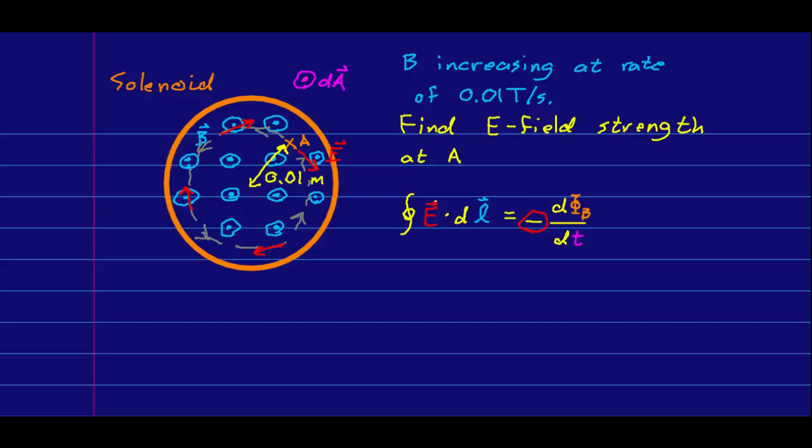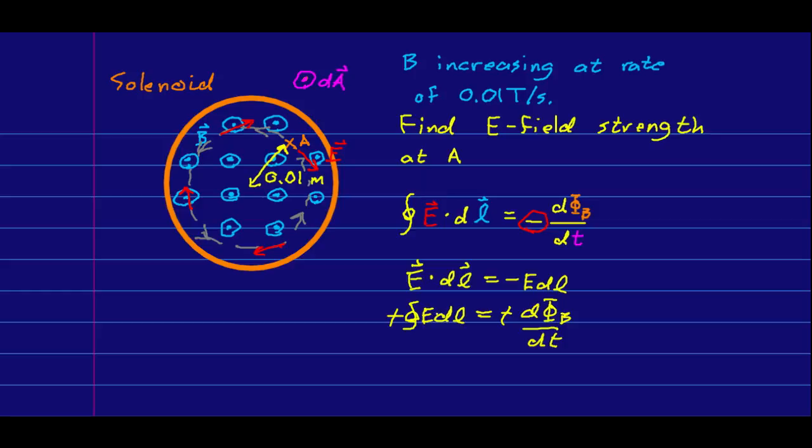With that, my E field is parallel to my dl vectors everywhere. It's actually anti-parallel, in exactly the opposite direction, and so E dot dl is negative E dl. And so Faraday's law now looks like this. The negatives cancel.